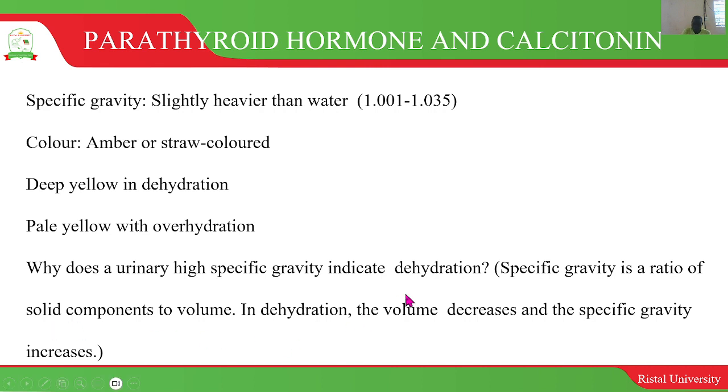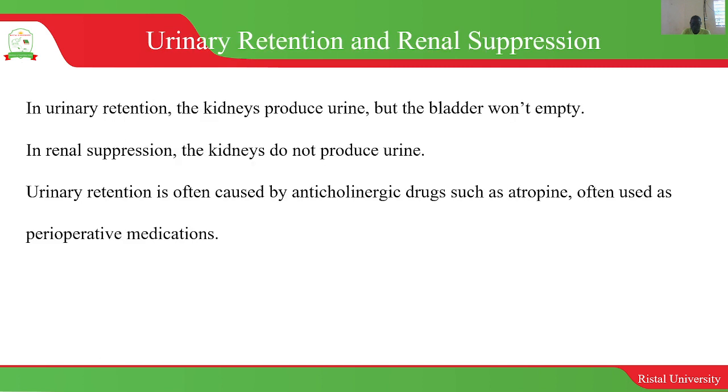In dehydration, the volume decreases and the specific gravity increases. The number of solutes within the urine will be high because you are dehydrated. So little volume of water as compared to the solute. This is the relevance of specific gravity in determining hydration status.